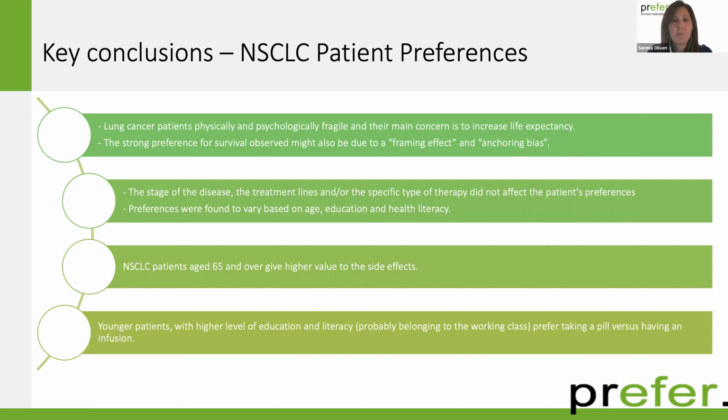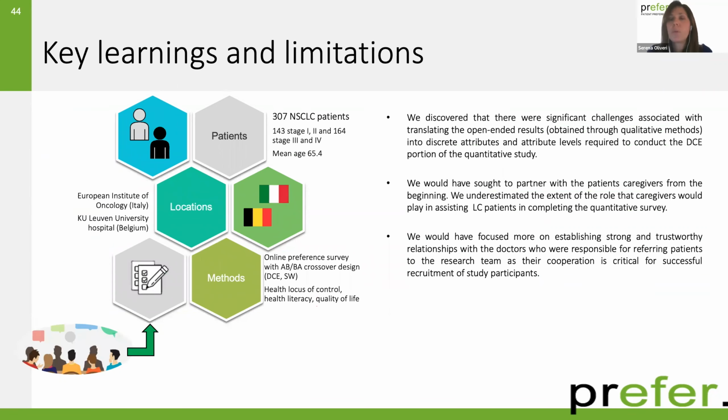Next slide, please. Some key learnings from performing our study: it was really challenging to translate the open-ended results that we obtained in the qualitative phase into the discrete attributes and attribute levels that we used in the quantitative study.